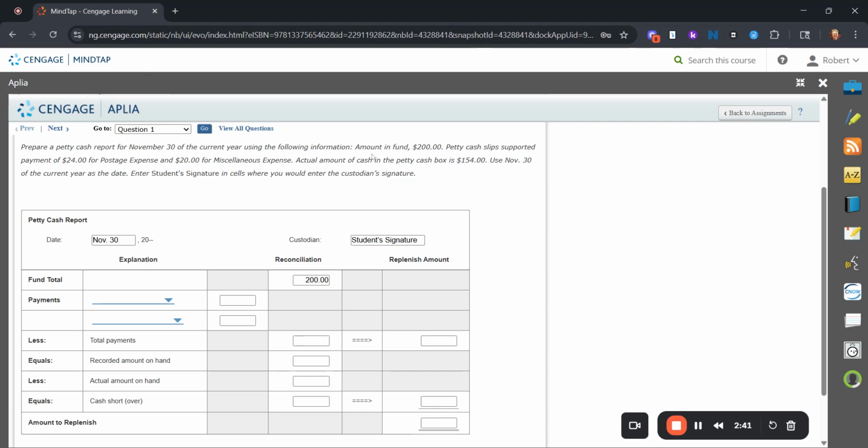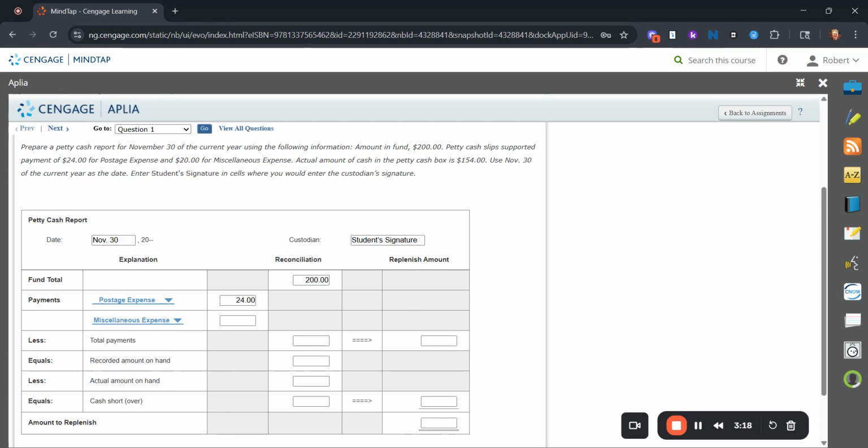Then it said somebody spent $24 on postage. So somebody in the office had to go to the post office and buy some stamps or mail something that cost $24 and came back and got reimbursed for it with the receipt. And then $20 for some kind of miscellaneous expense. So let's click on our drop-down menu, our top one, postage expense, $24.